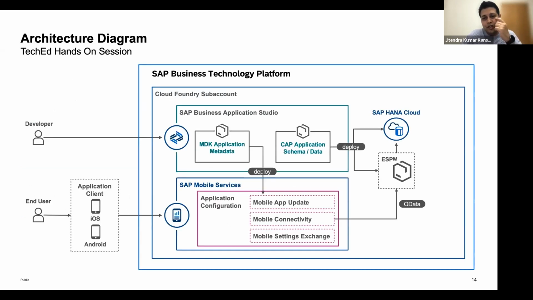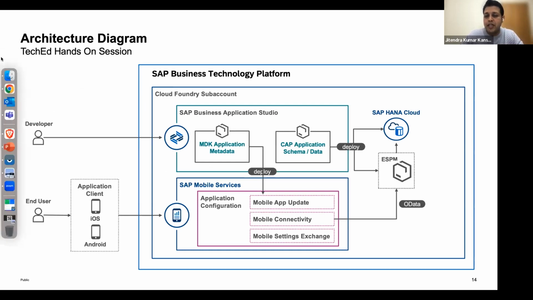But just to touch base on the architecture, here is what we're going to cover from a flow perspective. We will be using SAP Business Application Studio for both CAP and MDK development. For the CAP part, we'll have a ready-made project for you, which you will clone from the Git repository, and David will explain the details in a minute.